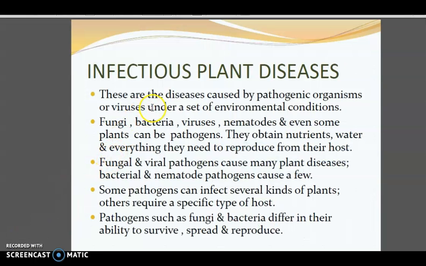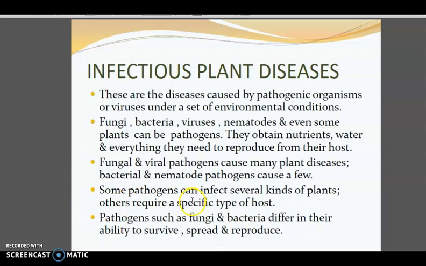The next one is the infectious plant diseases. These are the diseases caused by pathogenic organisms such as fungi, bacteria, viruses, nematodes, and even some plants can be pathogenic. They obtain nutrients, water, and everything they need to reproduce from their host. Fungal and viral pathogens cause many plant diseases, whereas bacterial and nematode pathogens are fewer.